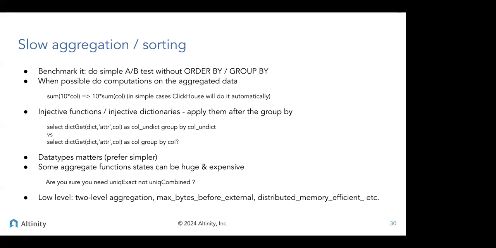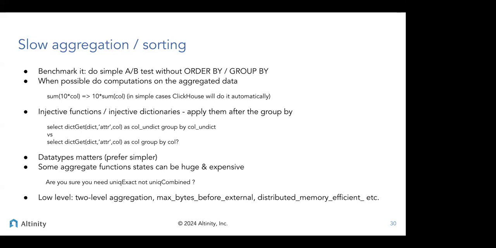You'll get the same result if you multiply by 10 the result of summing, so that is better here. Sometimes, for example in the case of dictGet, if you do the group by that, it can use two different strategies.